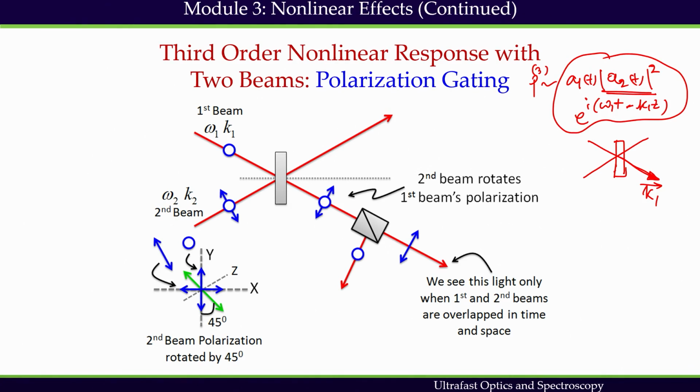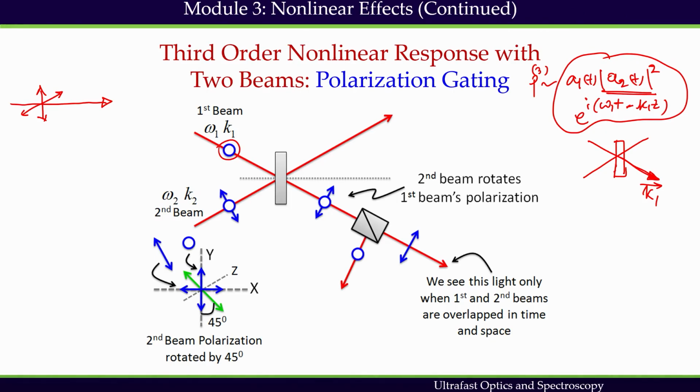The optical trick is that the first beam we have taken to be vertically polarized. This sign indicates that it is vertically polarized. What does it mean? Let's say this is the propagation direction. Along this propagation direction, this is the vertically polarized beam, and this is the horizontally polarized beam. Vertically polarized means the locus of the electric field is pointing towards us if we are looking at the picture from the top.